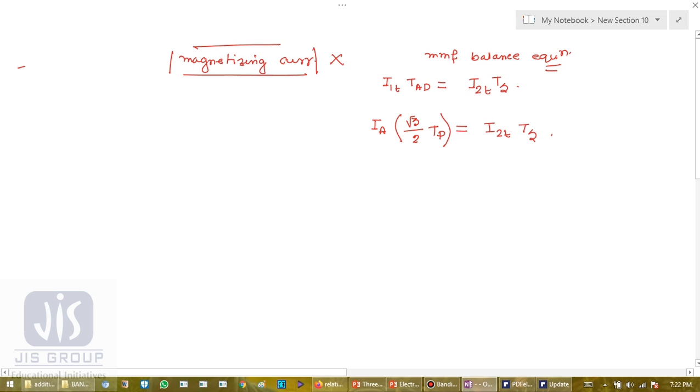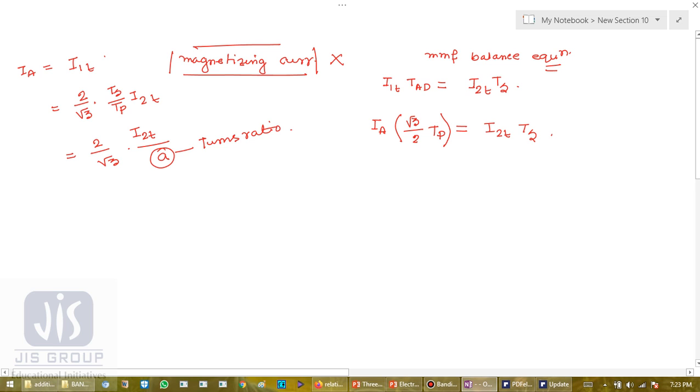So IA equals I1T equals 2 by root 3 TS by TP I2T equals 2 by root 3 I2T by A, where A is the turns ratio.